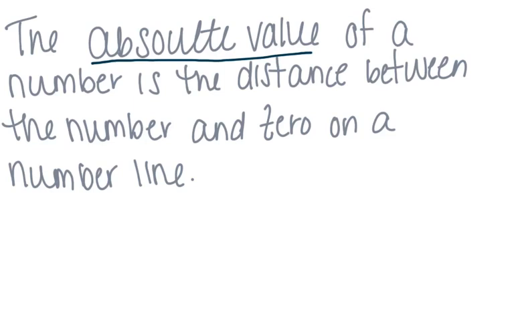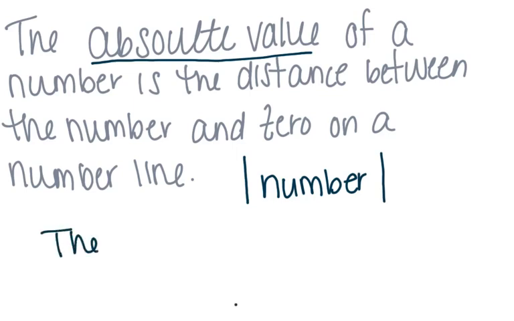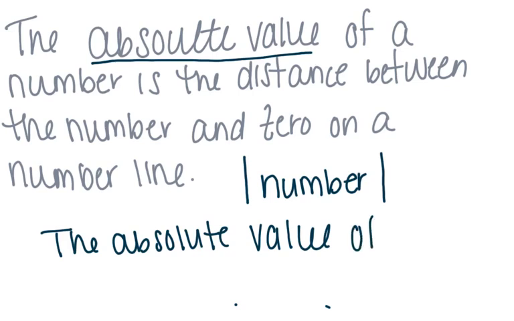It is written as vertical line, number, vertical line, and it is read as the absolute value of blank, which would be the number.